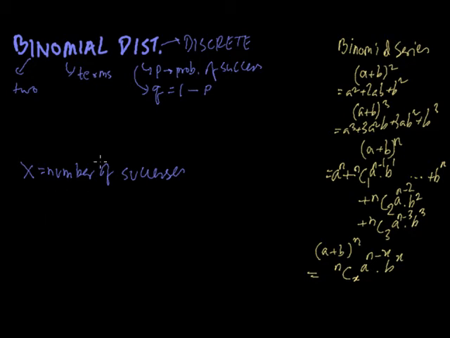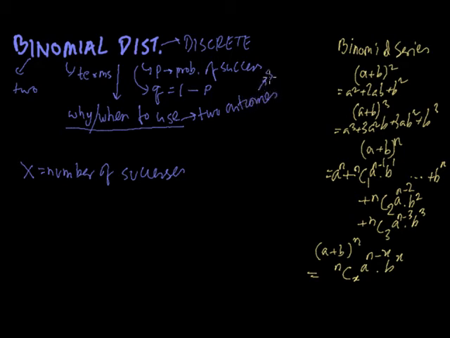Before mentioning that, let me talk about why we use the binomial distribution, and when to use it. The first thing to understand about using the binomial distribution is that in every case there have to be two outcomes.